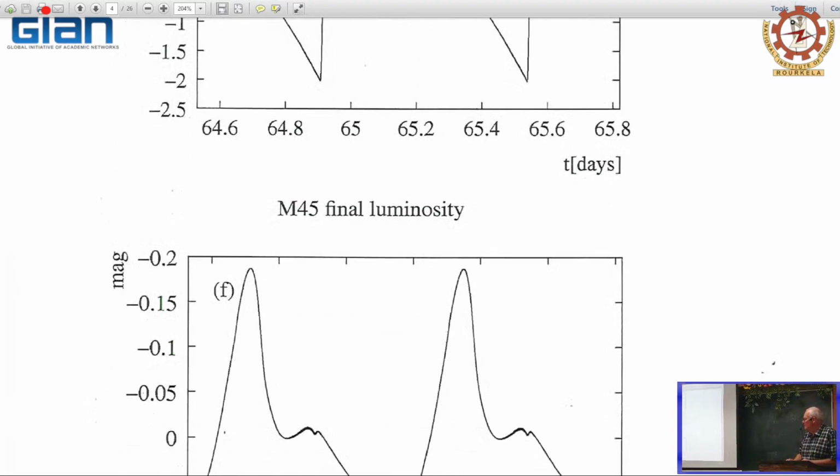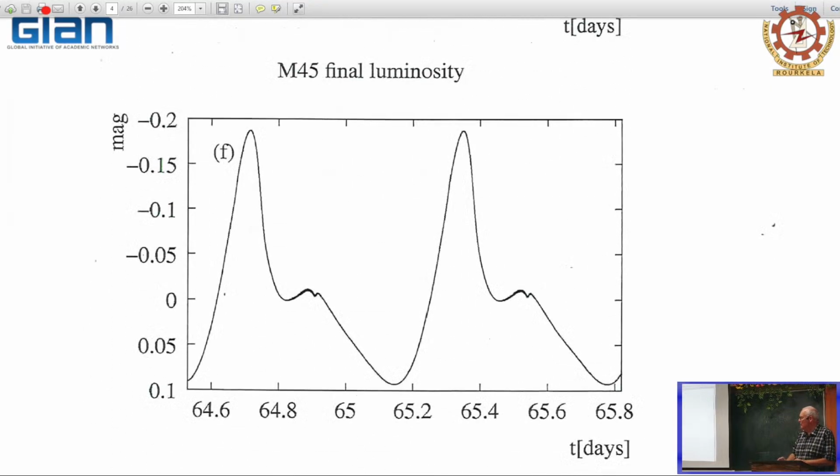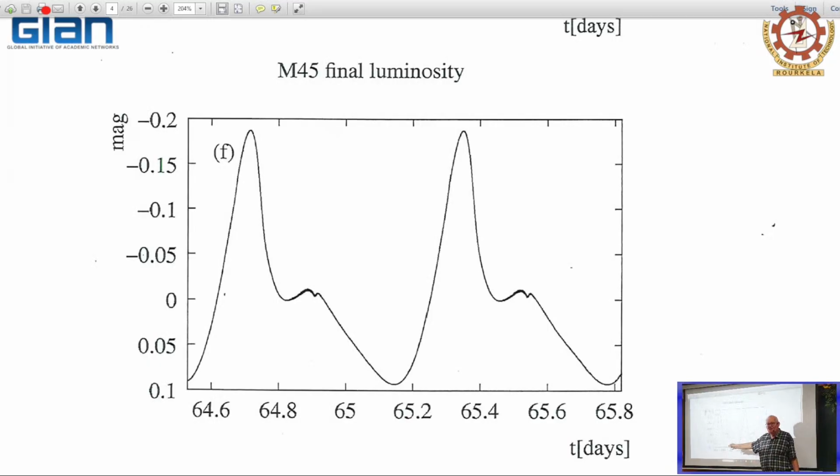Now let's look at the final luminosity. This would be the light curve, which might be observable, so we could in principle compare this light curve with the observed light curve. This is one way to connect the results with the observation.